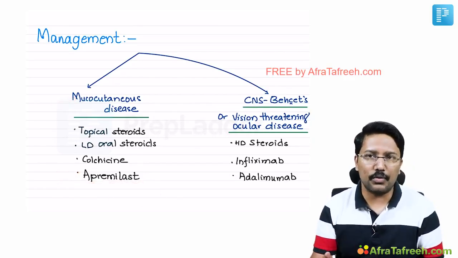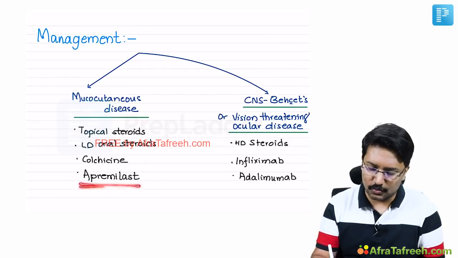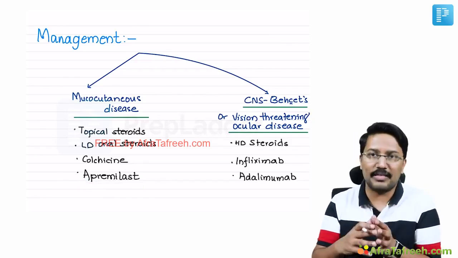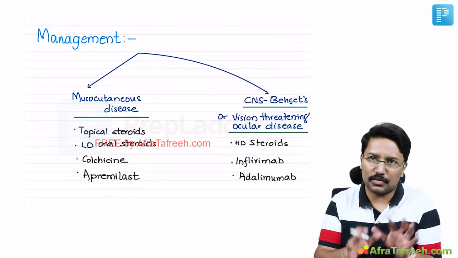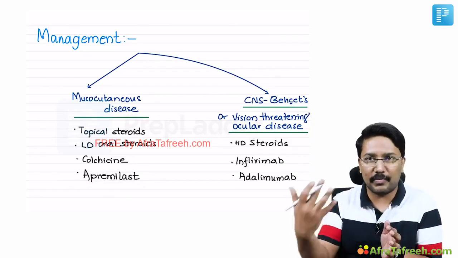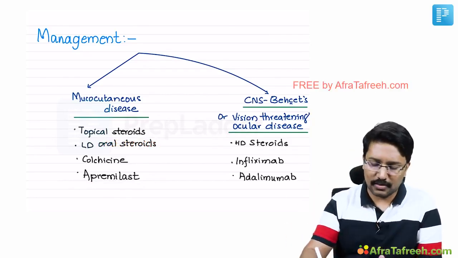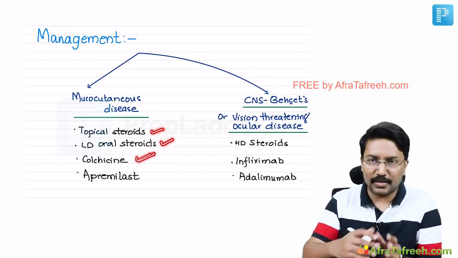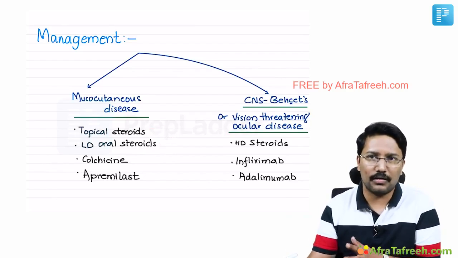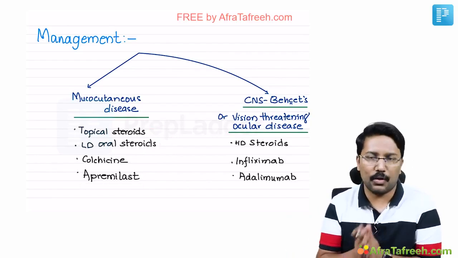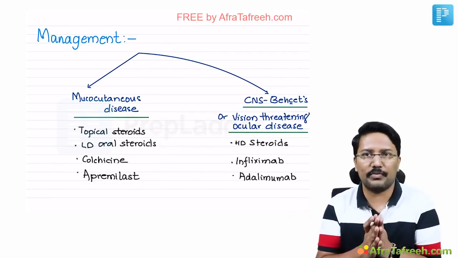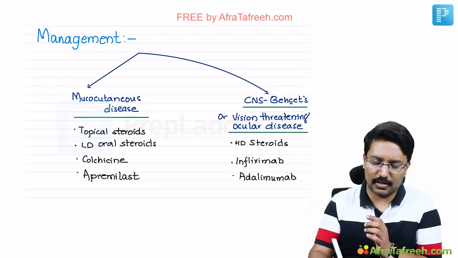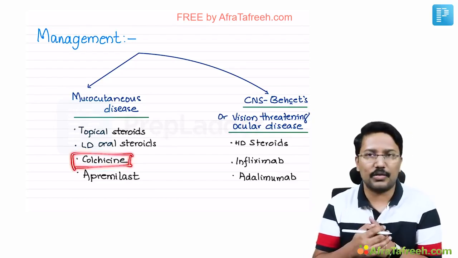The only point to note is that its efficacy did not last long. As soon as you withdraw the drug, patients start developing the manifestations again. On the other hand, with topical steroids, oral steroids or colchicine, the effect lasted relatively longer than with apremilast. So that is about the mucocutaneous phenotype, and it also applies to the arthritic phenotype, because we are talking about colchicine here.